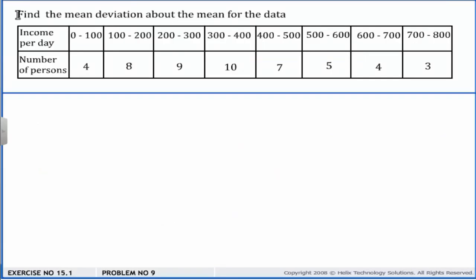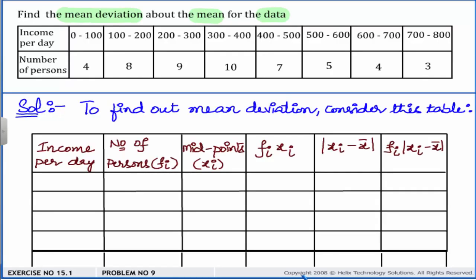In this question, you need to find out the mean deviation about the mean for the following data. Let's see the solution of this problem, how we shall proceed with this. To find out the mean deviation, consider the following table. In the first column we have income per day.